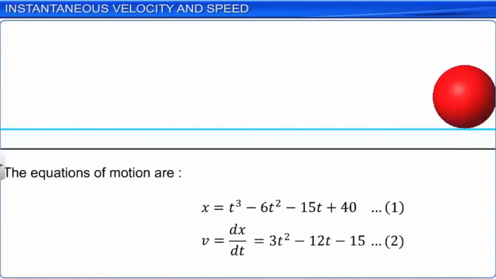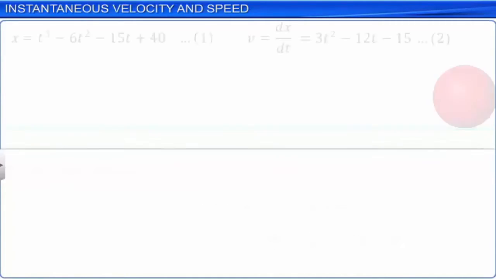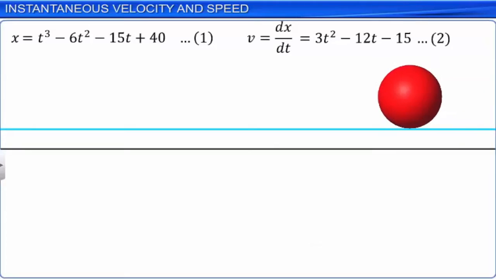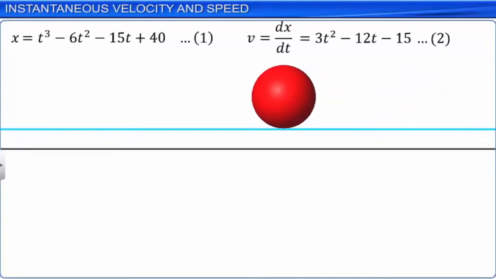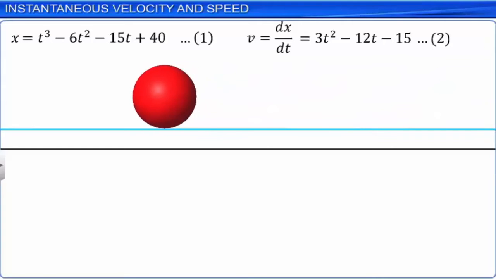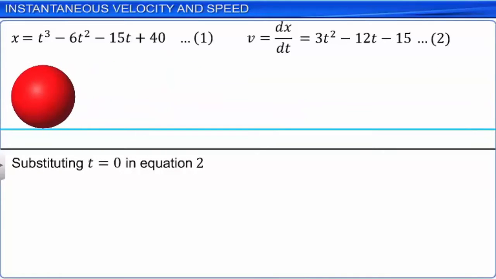Label these equations 1 and 2. At t = 0 seconds, we need to find the value of v. Substituting t = 0 in equation 2, v = -15 meters per second. The particle here is moving towards the left.